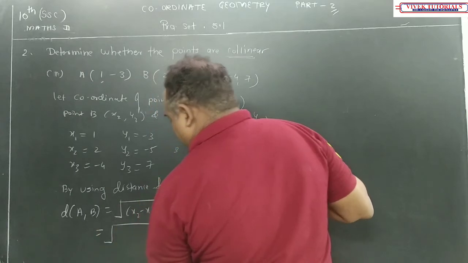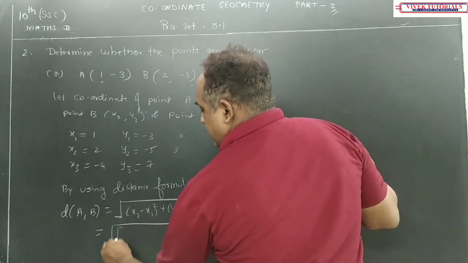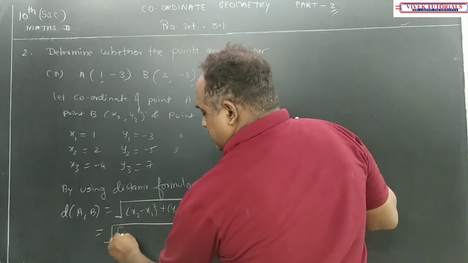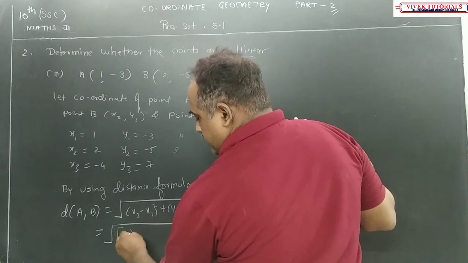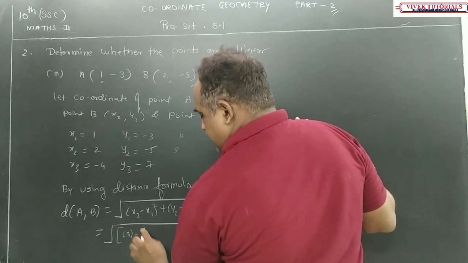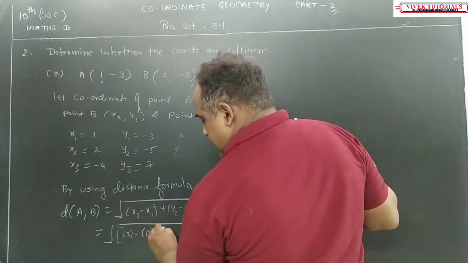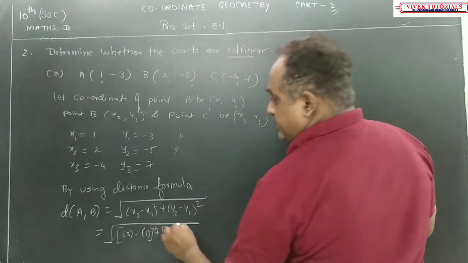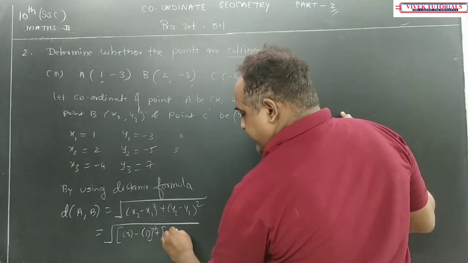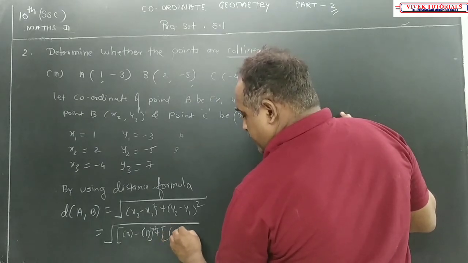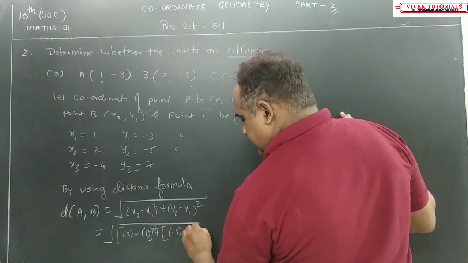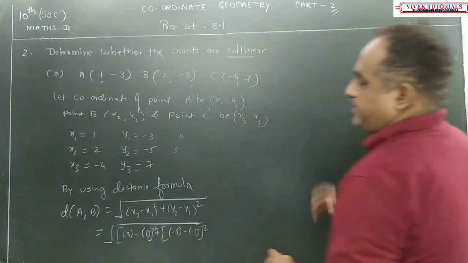That is equal to under root, x2 is 2 minus 1 the whole square, and in the other bracket, minus 5 minus minus 3 the whole square.